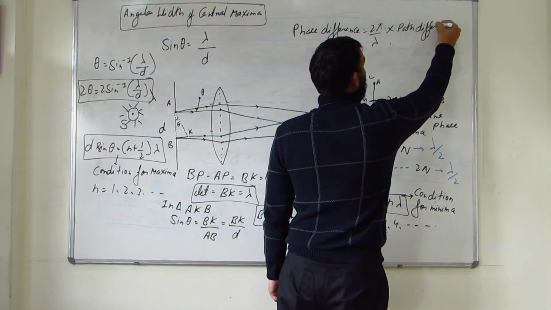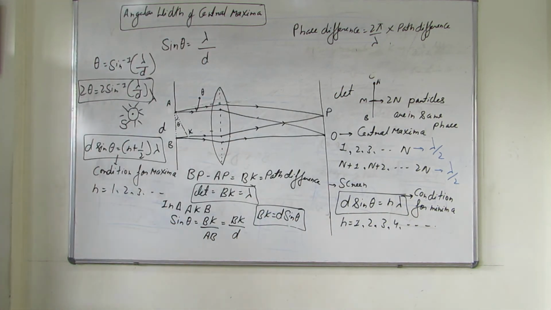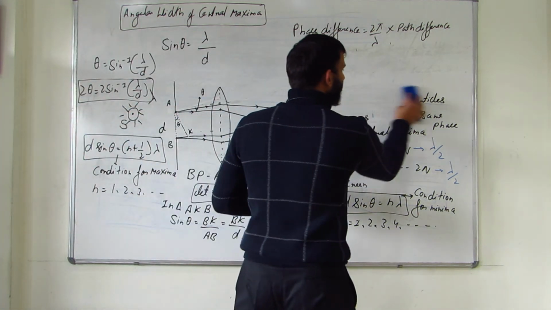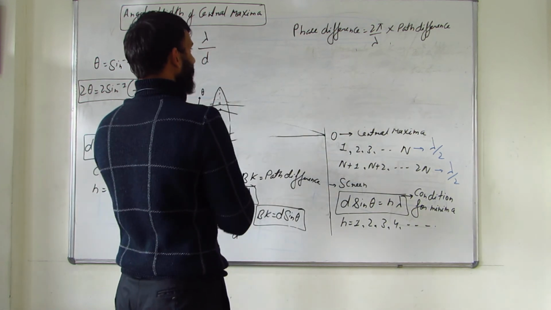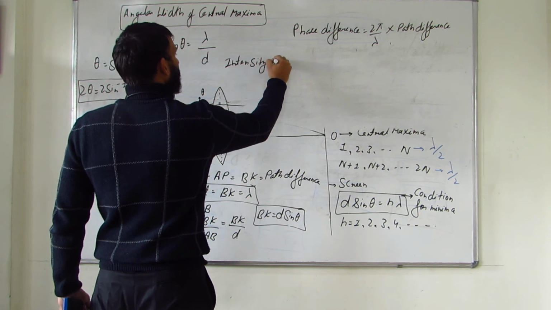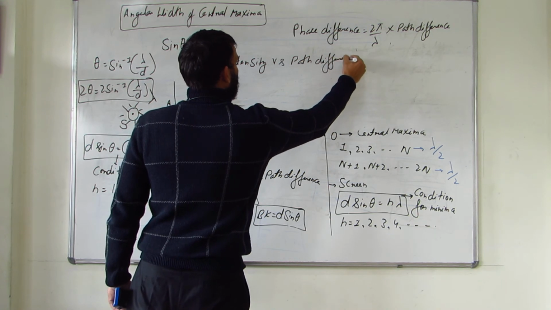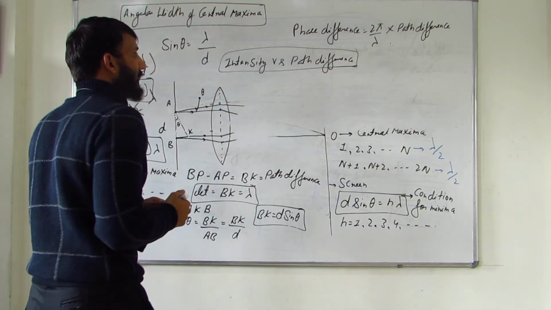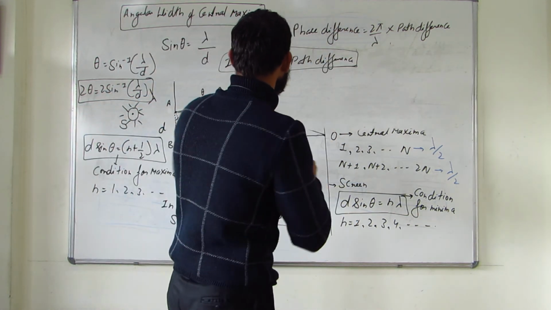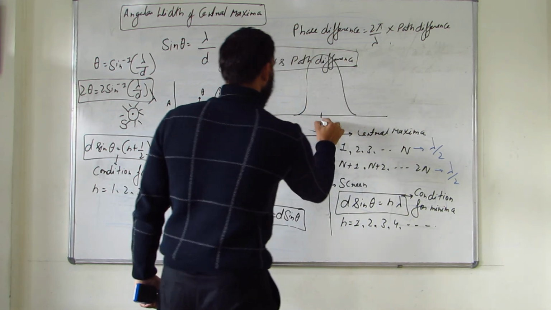If we use the same relation to plot a graph of intensity versus path difference or phase difference, first, path difference is 0 for this point, the central maxima. So phase difference will be 0, so intensity would be maximum. So this is the 0 point.